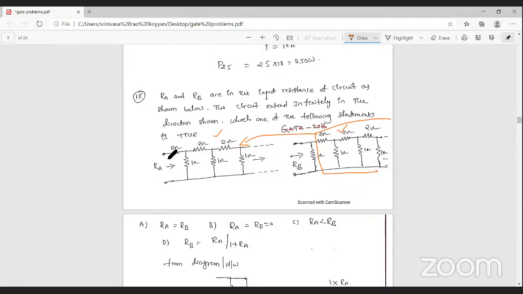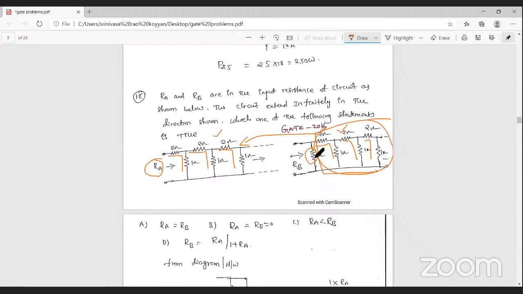Same here, 2 ohm, 1 ohm, repeating. The total of this part can be written as RA resistance. Okay, so this is RA resistance, and here the resistance value is 1 ohm.